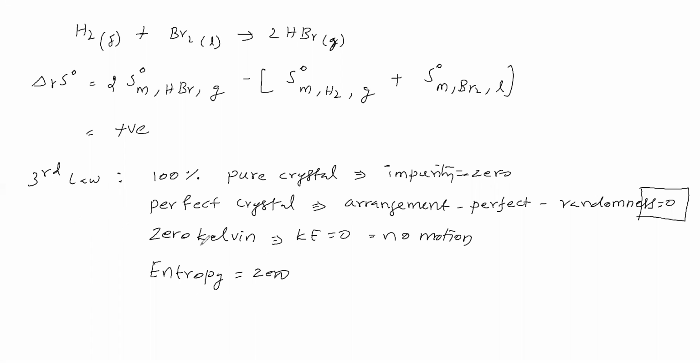Is it possible practically? Practically, such a situation is not at all possible. Only the ideal situation is possible. So, we have seen what the third law of thermodynamics is. Next, we will see phase transformation.